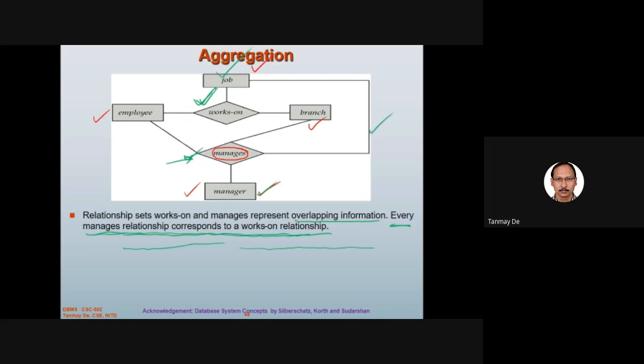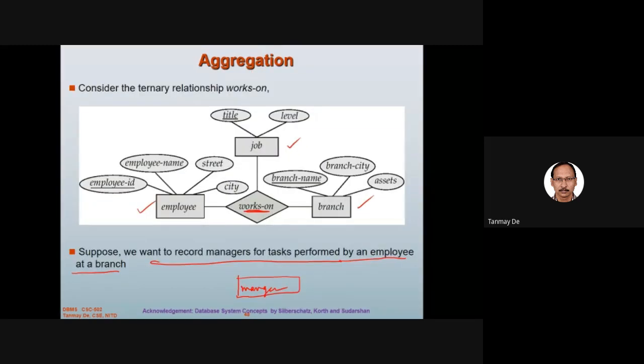But the point is, whatever I discuss here, if we introduce this manages relationship set, then at that time we can omit work on. We can discard the work on relationship, because you can see here the manages relationship is not there. For that, work on is of course fine.